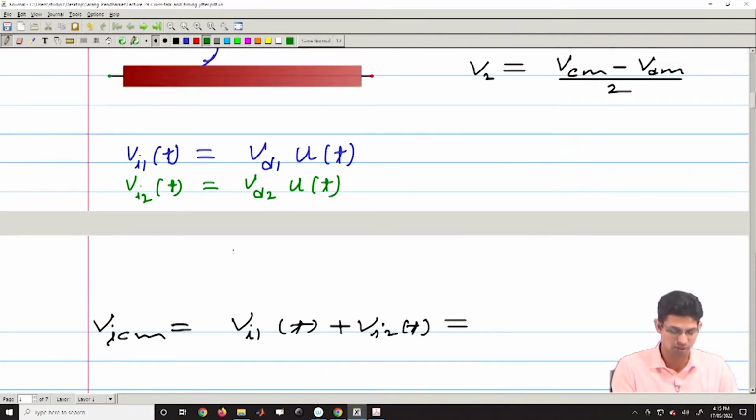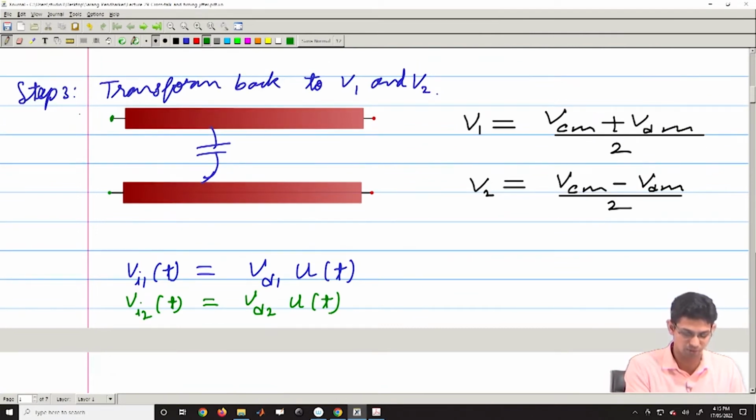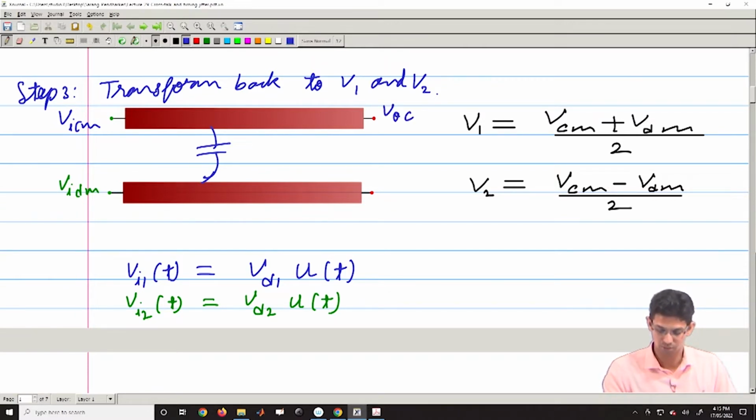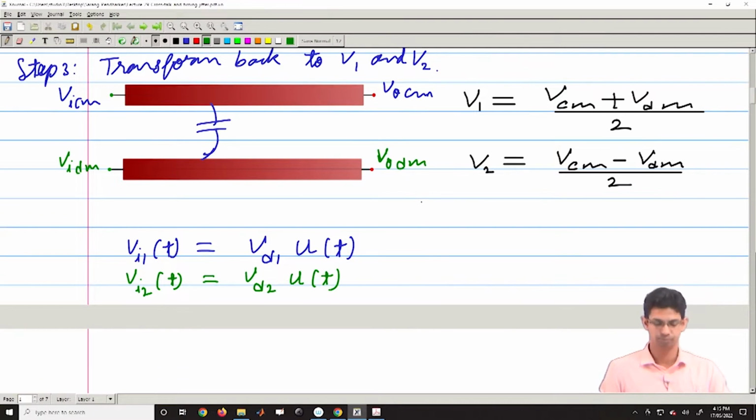I have to first find out what my Vin common mode is, and this is Vin differential mode. From here we will get my Vout common mode and then Vout differential mode.